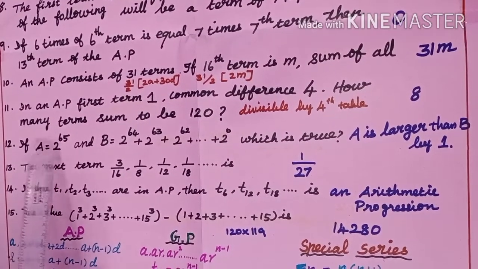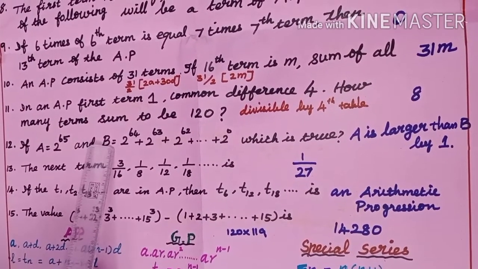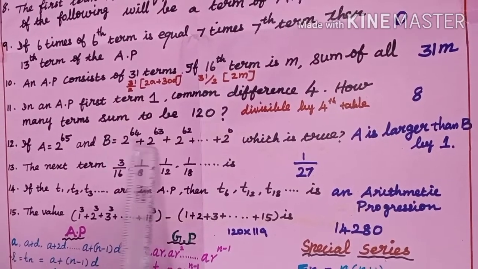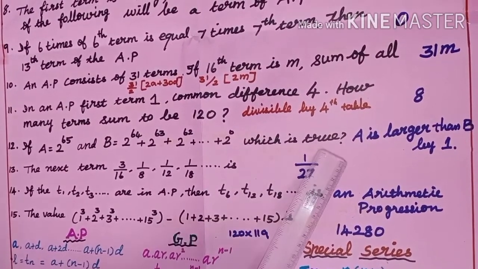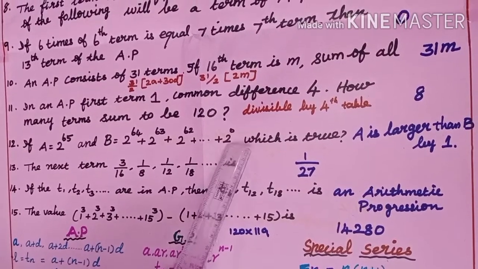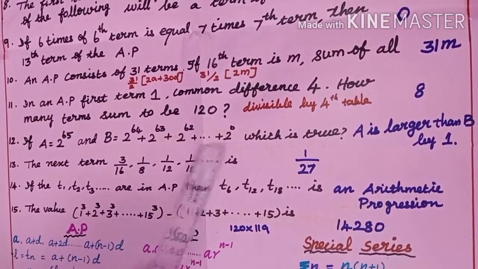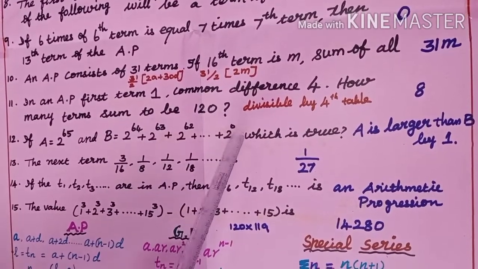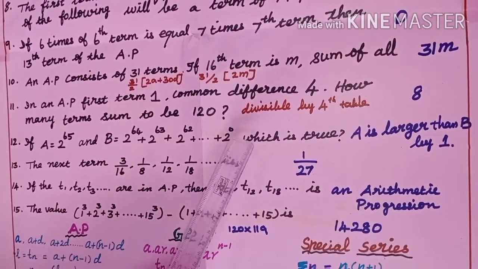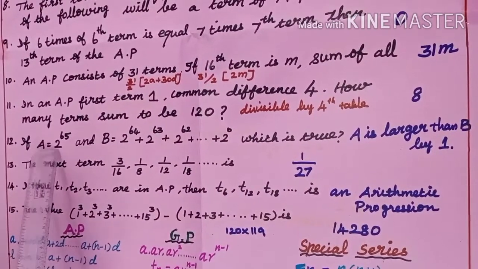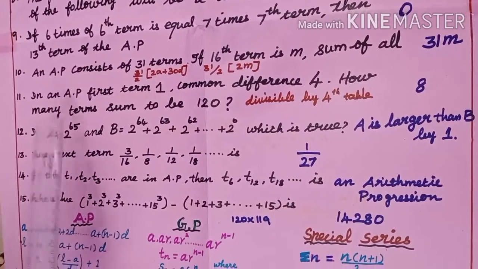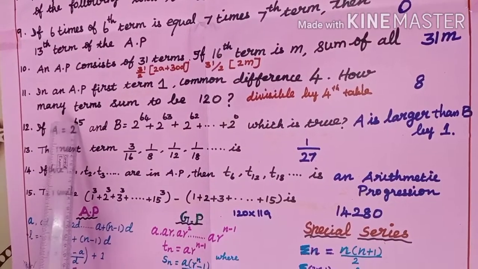Next one, 12th question. If a equals 2 power 65 and b equals 2 power 64, which is true? This is also 65 terms, so this is one answer. Anything power 0 is 1. So this is 2 power 1, 2 power 2, 2 power 3 up to 2 power 65.